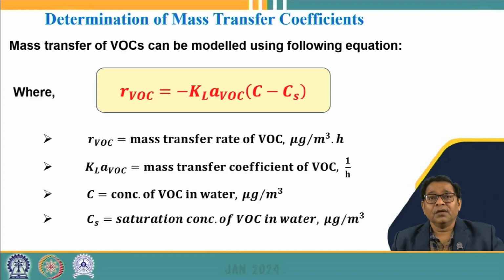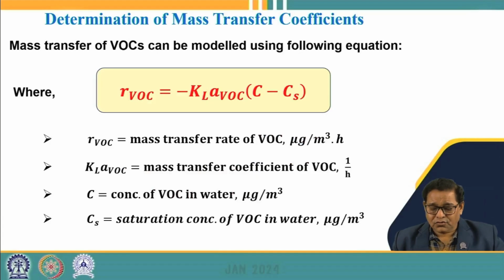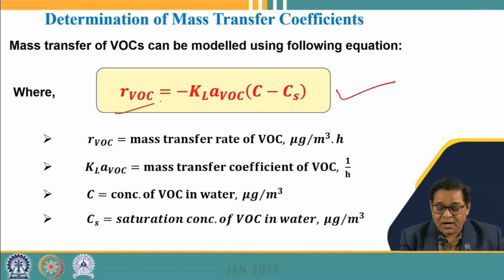Similarly in this equation, we have to find out KLA, which is the mass transfer coefficient, which depends upon the characteristic of the solute, the characteristic of the wastewater, and the concentration gradient between the water and the air. So how to determine this mass transfer coefficient? For that we can use this equation, which is r_VOC equal to minus KLA_VOC into C minus CS.